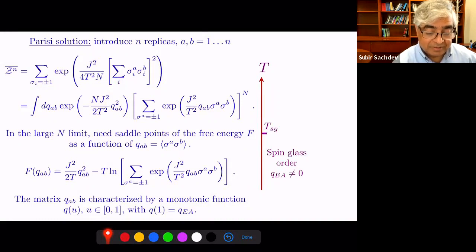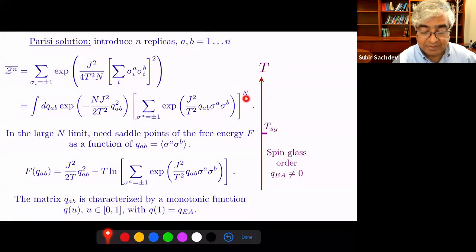Therefore, you can introduce an auxiliary variable, little Q_ab, so that when you do the integral over Q_ab, you get this term back again. And now the sum over i completely disappears, because it is the same on every site, and therefore this thing appears to the power N. That's the important point. So now you just have some finite sum to evaluate.